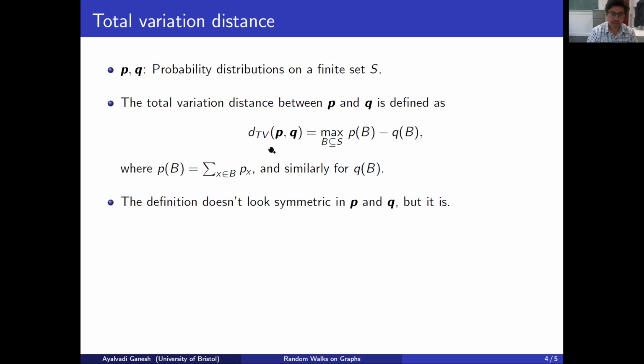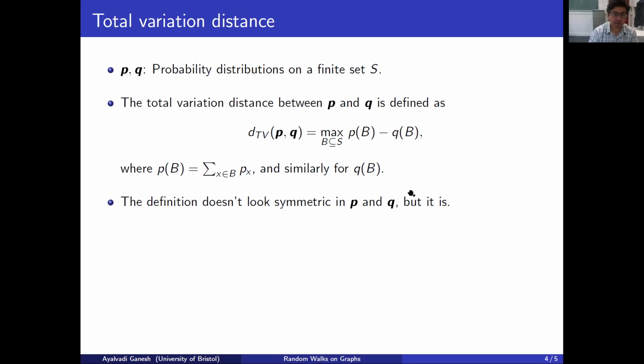Also, D_TV satisfies other notions that we typically associate with distances. If you know the definition of a metric, you can check that the total variation distance satisfies all the properties of a metric. If you don't, don't worry about it.